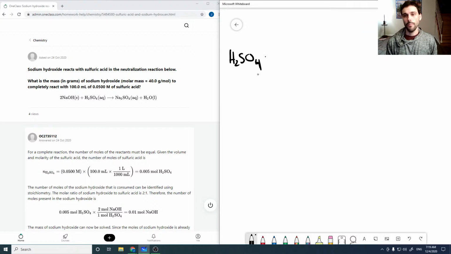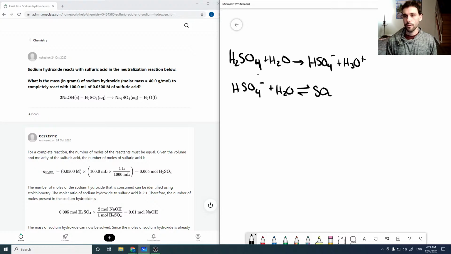H2SO4 plus water is going to give us HSO4 minus plus H3O plus. This is a strong acid, so it's going to go completely. And then HSO4 minus is going to be a weaker acid, giving us SO4 2 minus plus H3O plus.